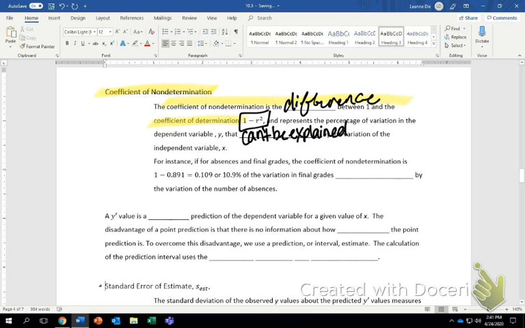So in the previous problem, when we had that 0.891, to find the piece that was unexplained, we would find the complement of it, which is 0.109, or 10.9%. We would say that 10.9% of the variation in final grades can't be explained by the variation of the number of absences. It's the same format as before, except now we're saying it can't be explained.